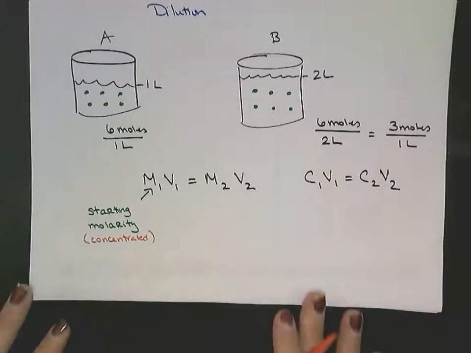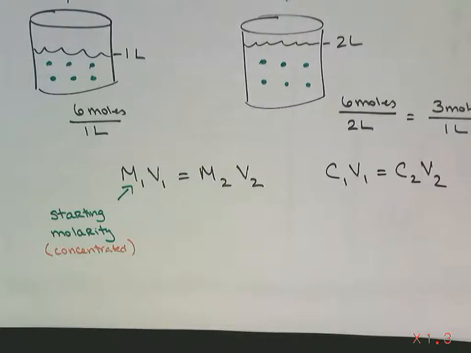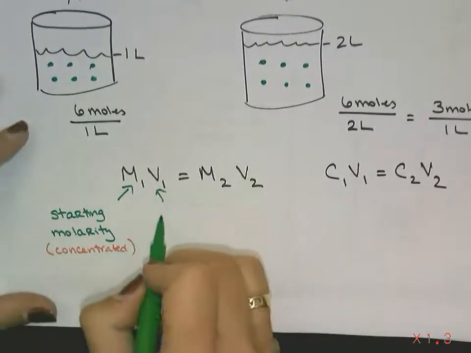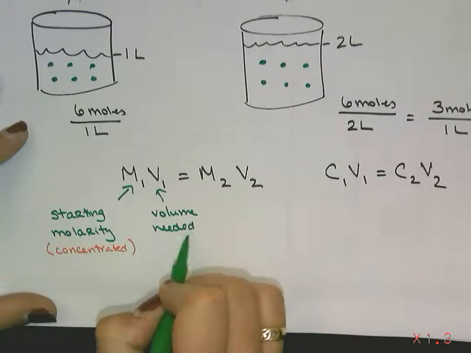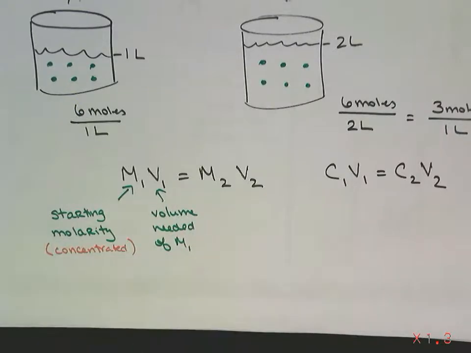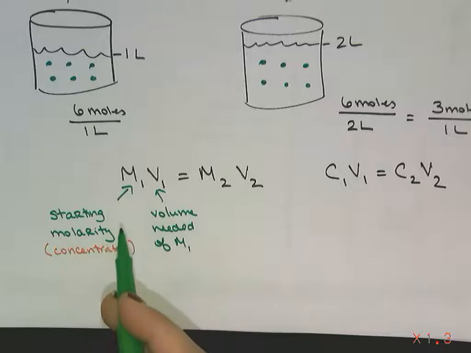That's the concentrated solution. V1 is the volume needed of M1, and that's 99% of the time the thing you're looking for. You want to know how much of the concentrated stuff to make the stuff you want.